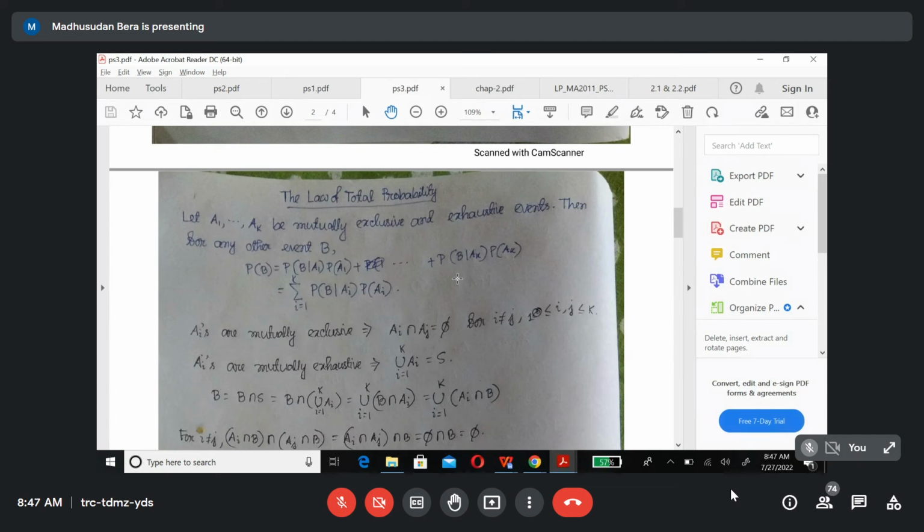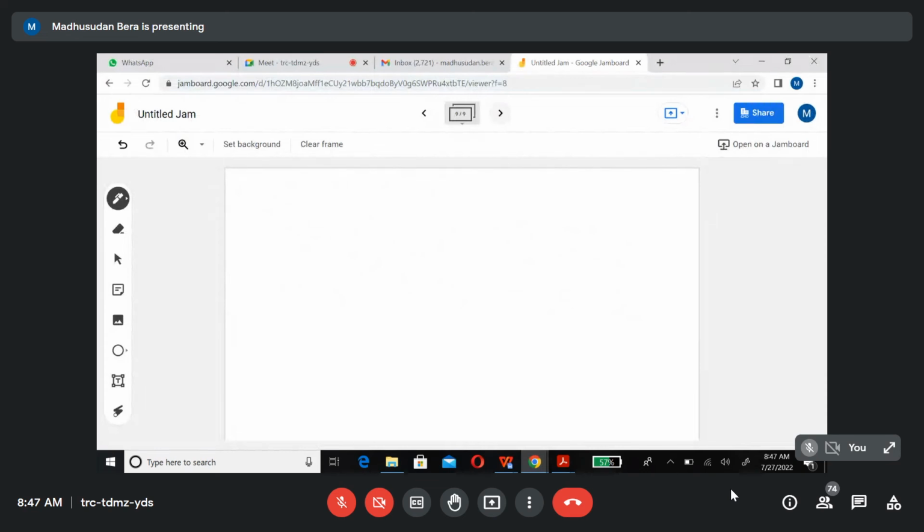So the proof is very simple. A1, A2, up to AK are a mutually exclusive and exhaustive set of events. What is the meaning of mutually exclusive? Mutually exclusive means they are disjoint, their intersection is empty.